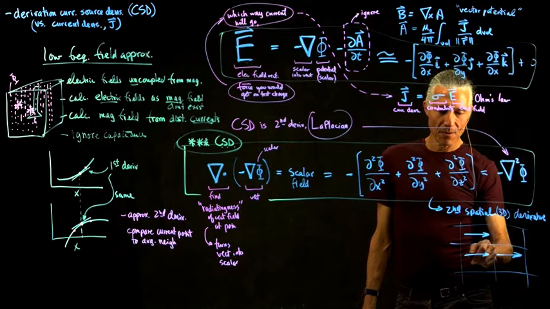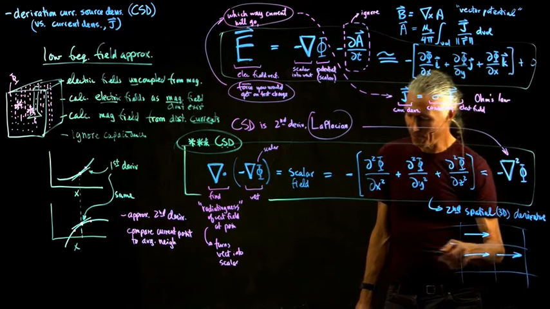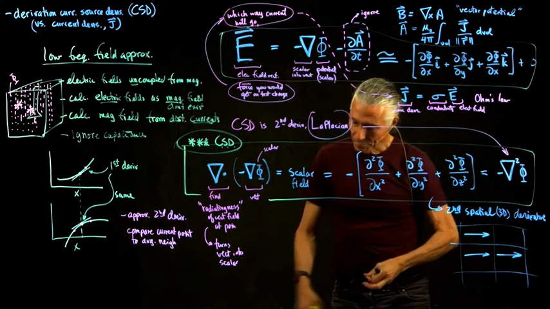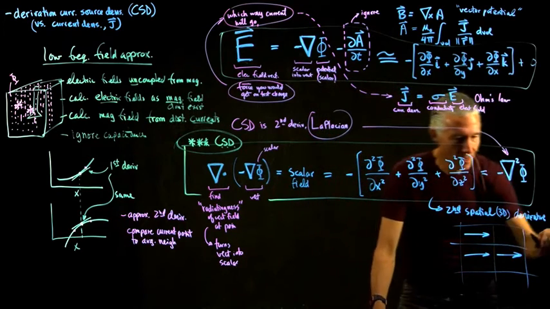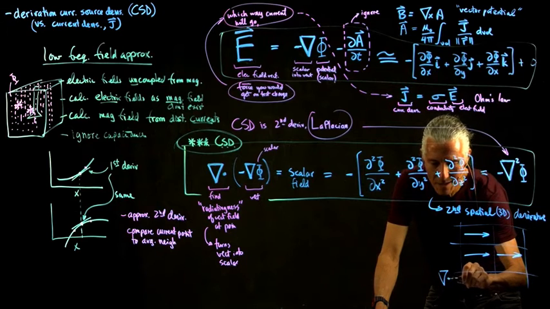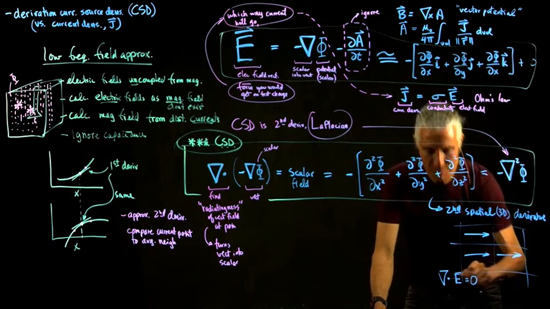And then we look at how the y component of this vector is changing in the y direction. Well, it's 0 in both cases, so it's not changing either. So in this case, the gradient of the divergence of the E field is equal to 0.